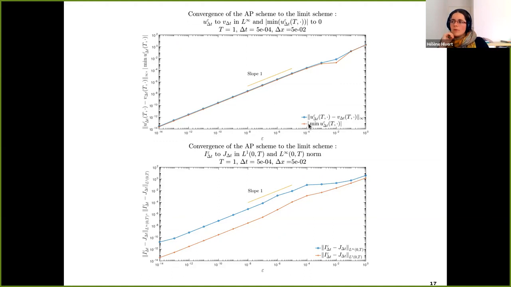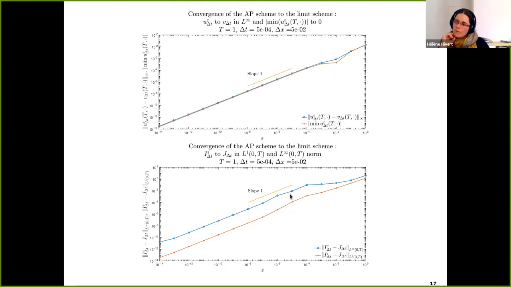So if we plot the uniform norm of U depending on epsilon minus the U of the limit scheme, with respect to epsilon, we observe a decrease of order 1 in epsilon.